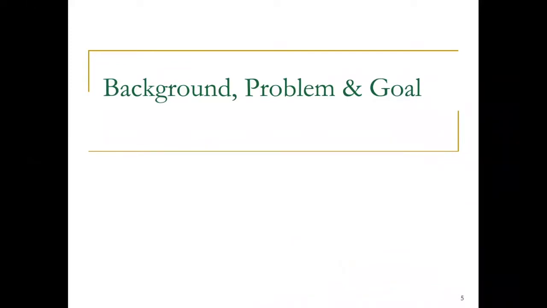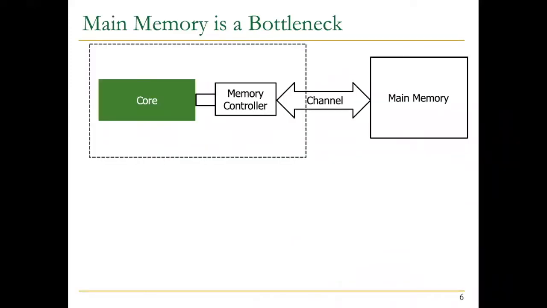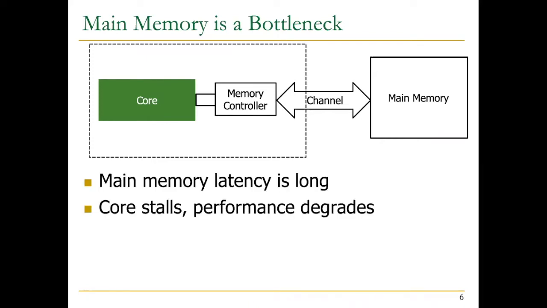Let's go through the background. What this paper is trying to solve is, again, main memory is a bottleneck. As you can see, main memory latency is long. As a result, the core stalls waiting for memory requests and performance degrades. Now, in modern systems, you don't have a single core, you have multiple cores. In this case, 2 cores, for example, and multiple applications share the main memory, in this case the red and blue applications.